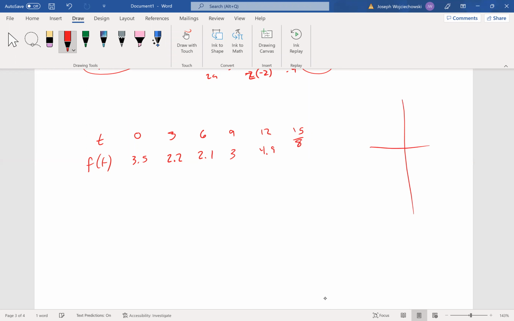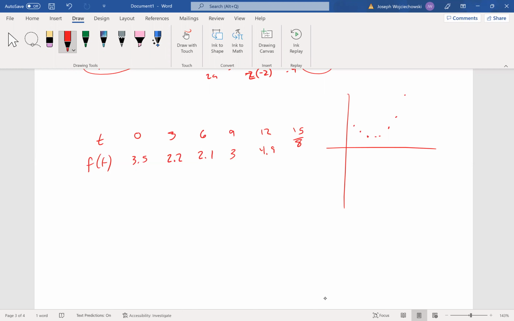If we were to put these on here, actually, let's do this. You can see that these points are going to look something like this. So we see that they look like a parabola. And we want to find a quadratic function to model this data.